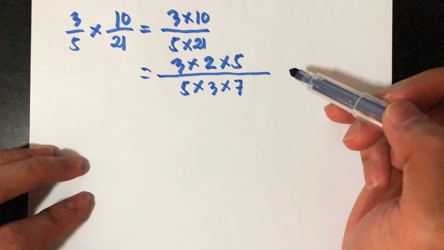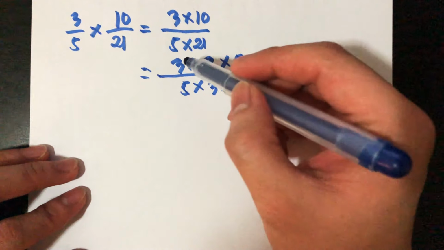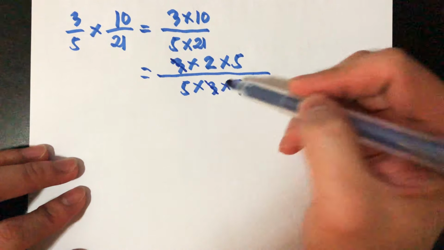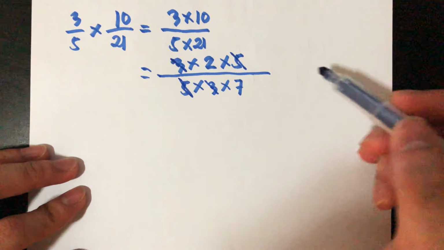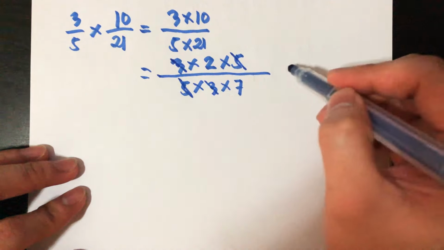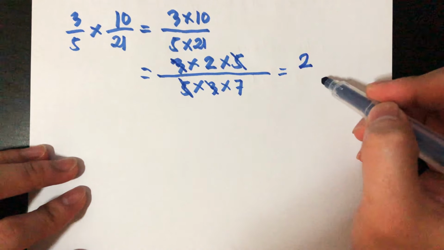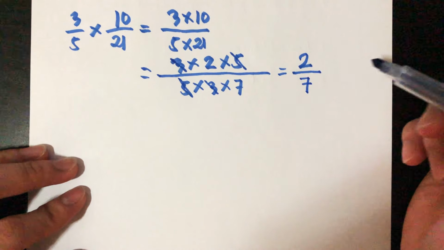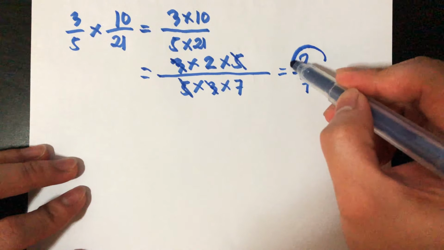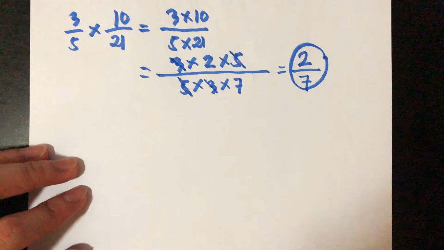Now the next step is we're going to cancel out the common factors. So in this case, we have 3 and we have 5. So what is left now is, in the numerator, we have 2. Then in the denominator, we have 7. So the answer here is 2 over 7. Alright?